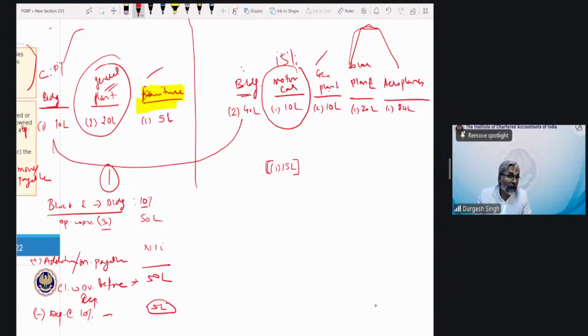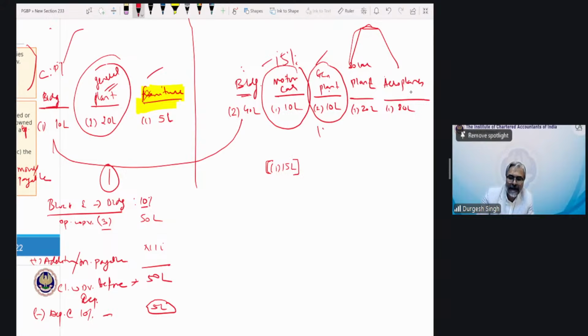For Ola Uber, the rate is 30% because they are in the business of passenger transport service. For Reliance, the general rate of 15% is applicable. So this is the general plant, 15%.